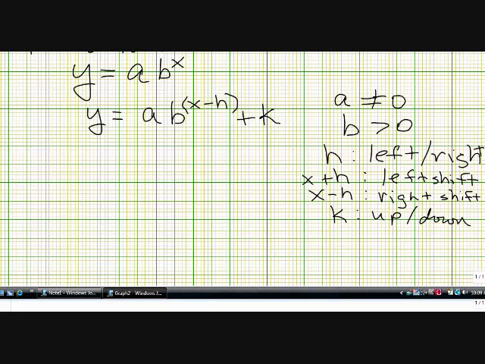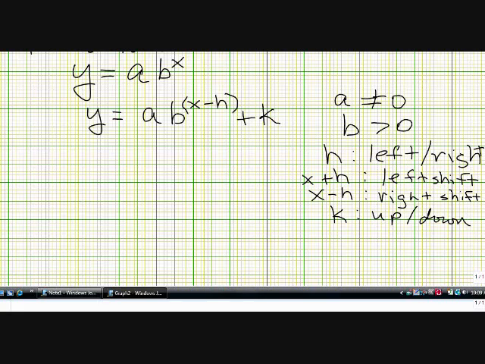This doesn't relate so well to a vertex or an inflection point at the h, k, so I'm not going to name it like that.